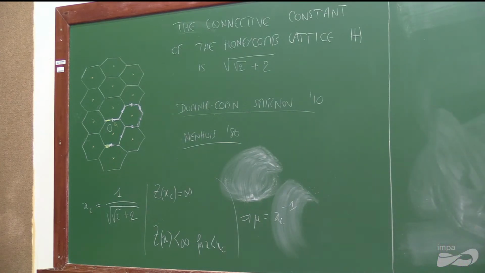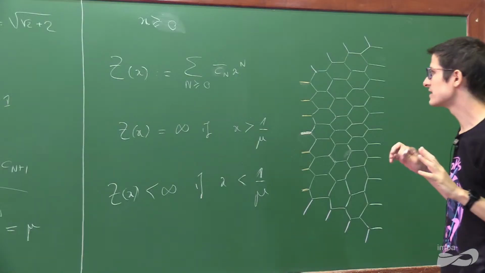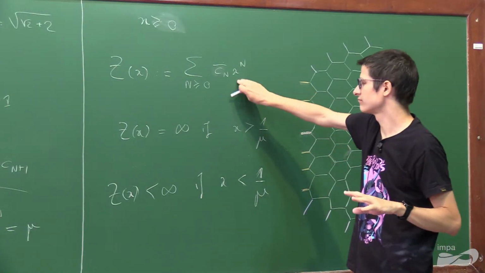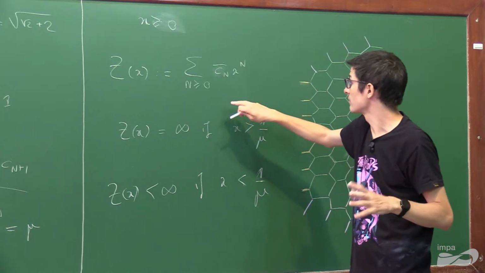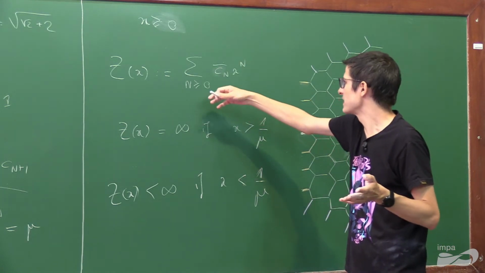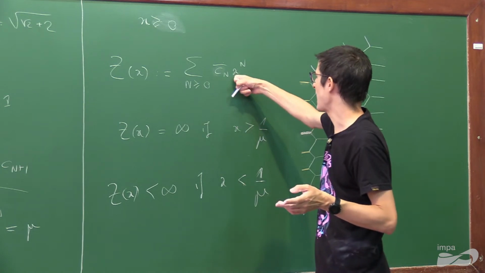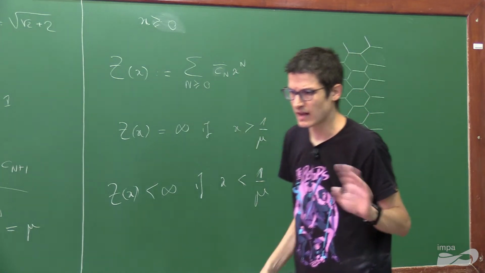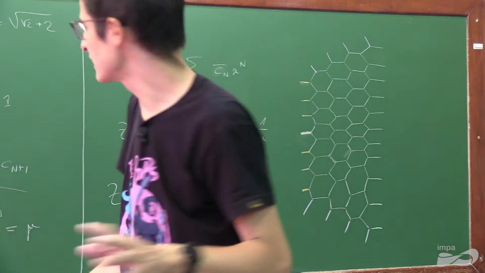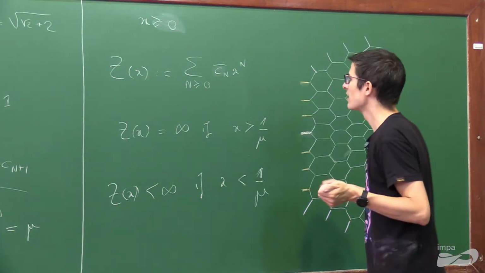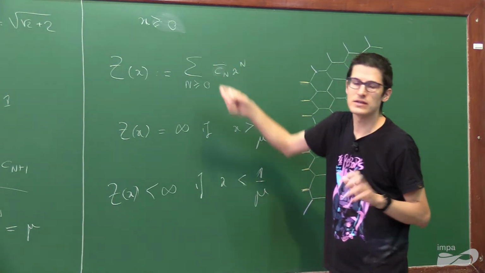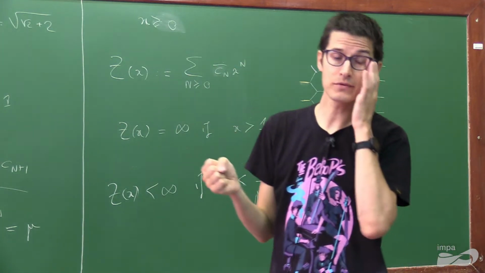So the idea here is instead of counting just, well, making a sum of paths and taking x to the length of the path, to make something a bit more subtle, which will make the series assume complex values.